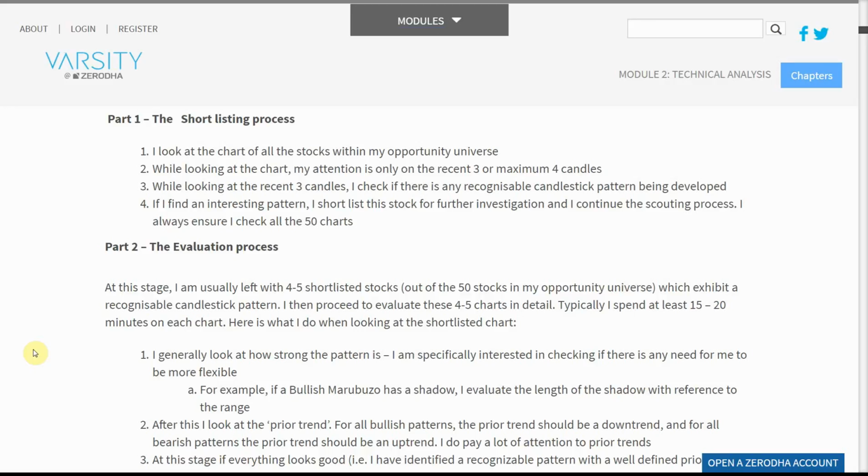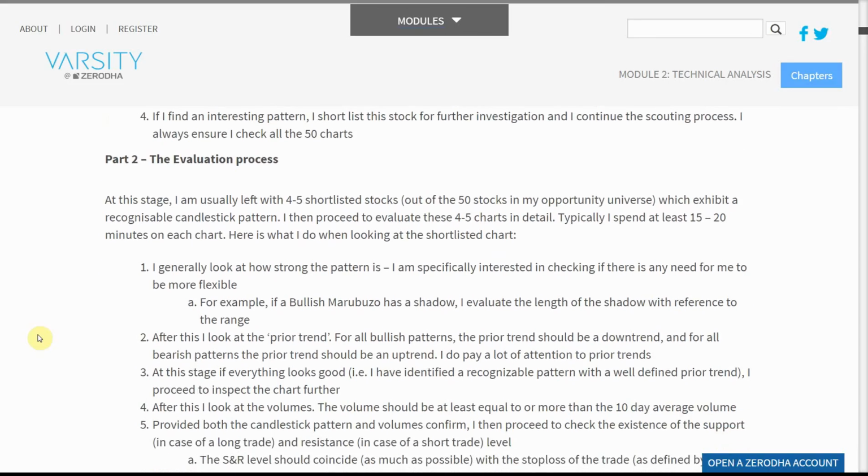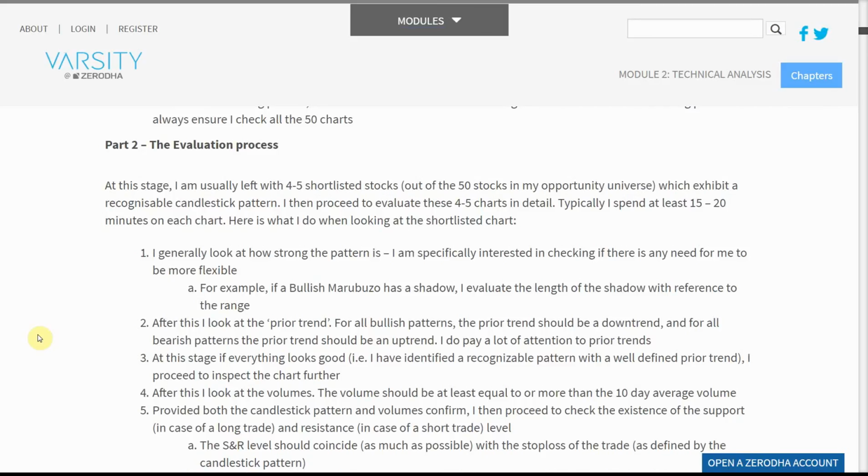Part 2, the evaluation process. At this stage, I am usually left with 4 to 5 shortlisted stocks out of the 50 stocks in my opportunity universe, which exhibit a recognizable candlestick pattern. I then proceed to evaluate these 4 to 5 charts in detail. Typically, I spend at least 15 to 20 minutes on each chart.